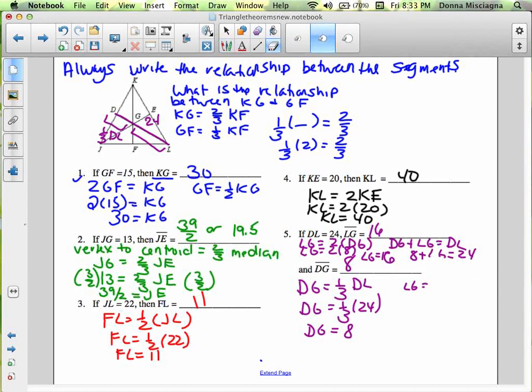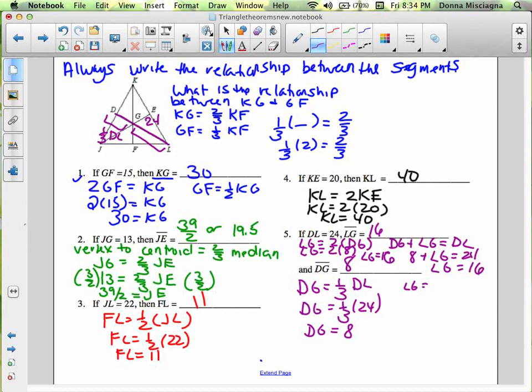It's hard to hold the microphone with your arm. So DG plus LG equals DL. We know DG, it's 8. DL is 24, and you subtract 8 from both sides, it's 16.